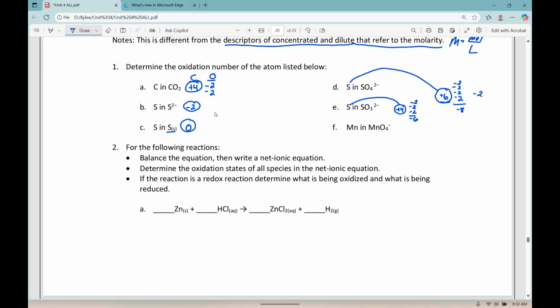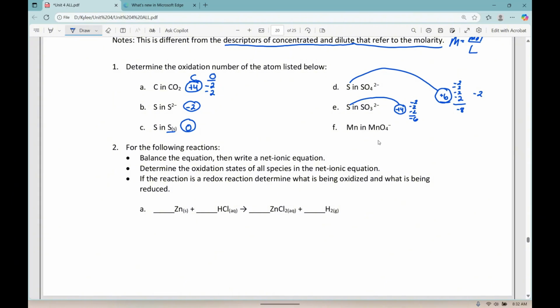That's why I did these particular examples. In B, we've got an example where sulfur is -2, C, sulfur is 0, D, sulfur is +6, and E, sulfur is +4. So we know that a lot of times when you learn the periodic table, you learn charges for each group, but it's a lot more complicated than that.